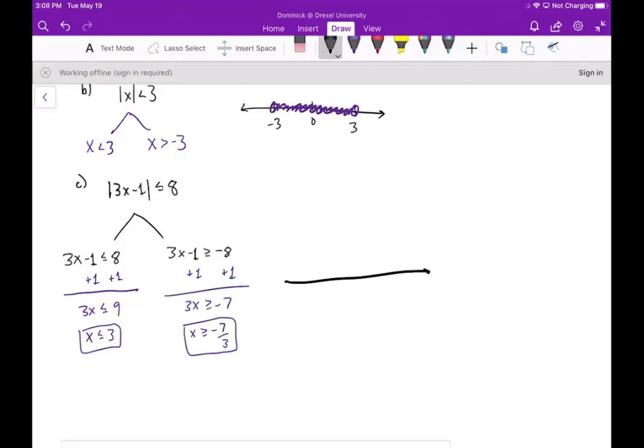Now, of course, on a number line, we have 3 and negative 7 over 3. Both are going to get closed circles again. And since I want stuff less than 3 but bigger than negative 7 over 3, I again want the stuff in between here.